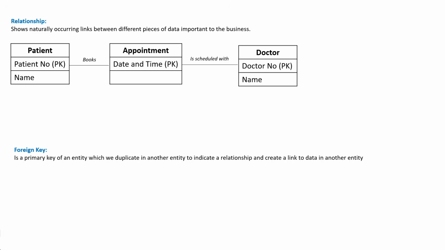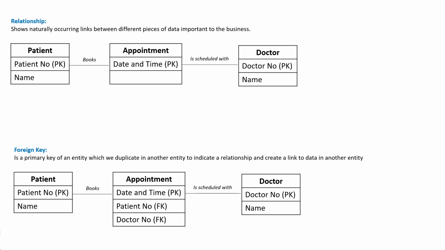That would be very redundant, and it would lead to unnecessarily storing data, because we have this information already in their own entities. So that's where we would use foreign keys. The foreign key is just the primary key of the entity that it is linked to.